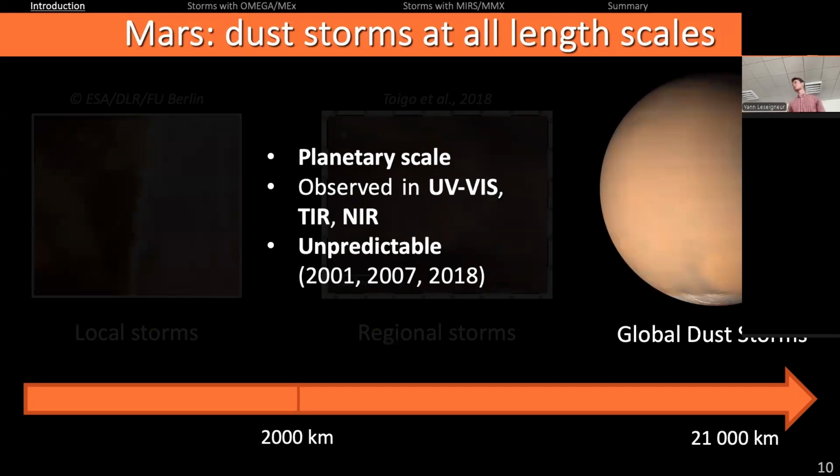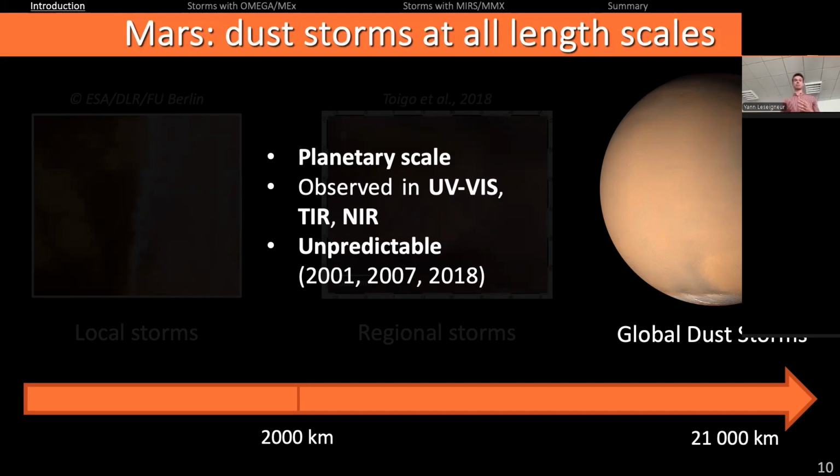At the opposite length scale, we also have global dust storms, dust storms at the planetary scale. These dust storms are observed with all the instruments because they occur over the whole planet, but they are the most unpredictable ones. The three last ones occurred in 2001, 2007, and 2018.